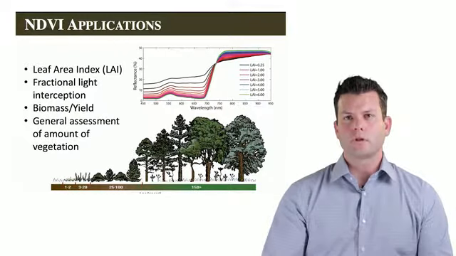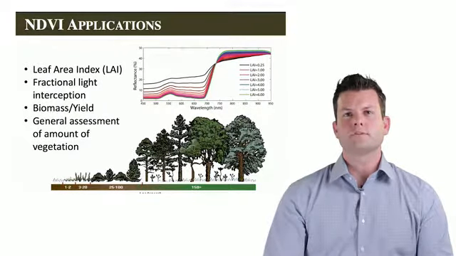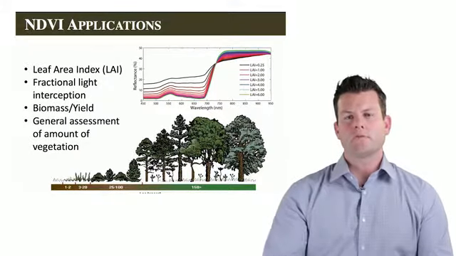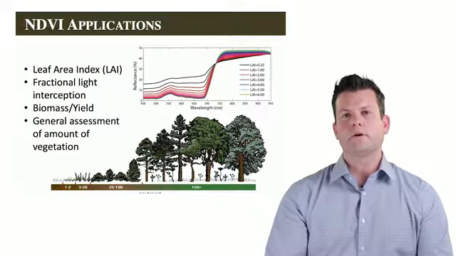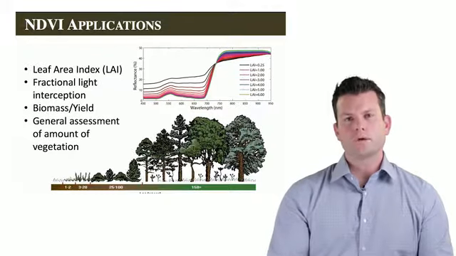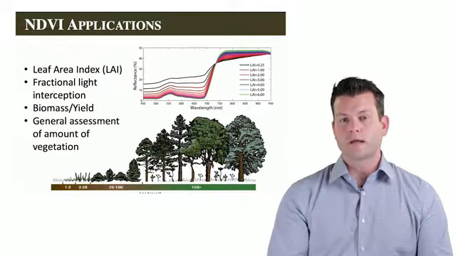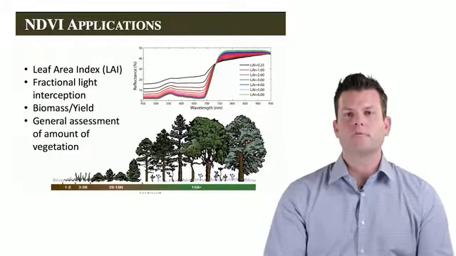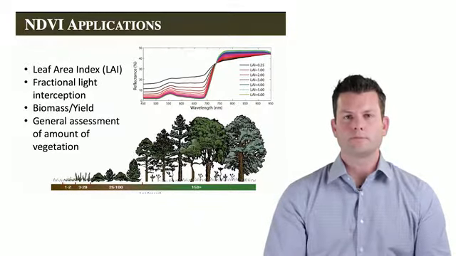At very low LAIs, there tends to be a fairly flat reflectance spectrum, but at the other extreme where there's a lot of leaf area, we tend to have very strong absorption of red light by chlorophyll, and there's also ever-increasing reflectance in the near-infrared region around 800 nanometers.